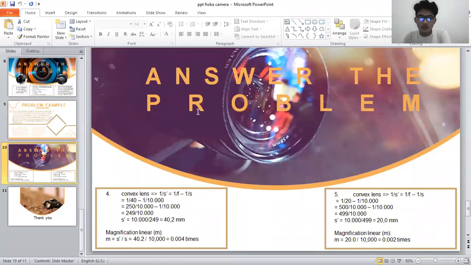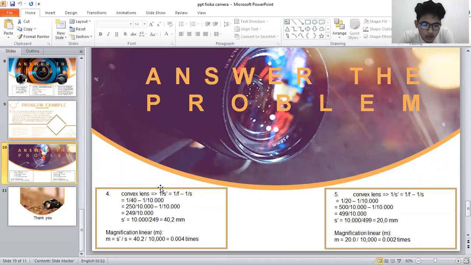Answer the problem. Number 4, convex lens: 1 per S equals 1 per F minus 1 per S equals 1 per 40 minus 1 per 10,000 equals 250 minus 1 per 10,000 equals 249 per 10,000.